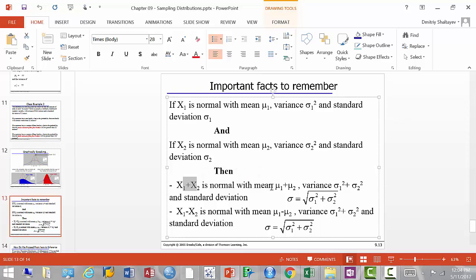But here is the trick. The averages add together, but standard deviations not quite. You have to add variances and take the square root of that. That's how you convolute two normal distributions.